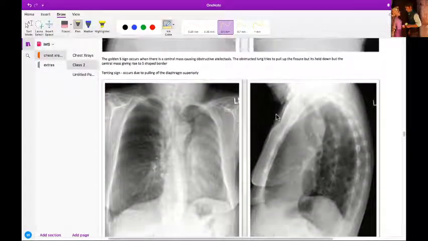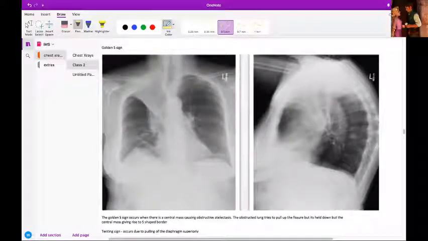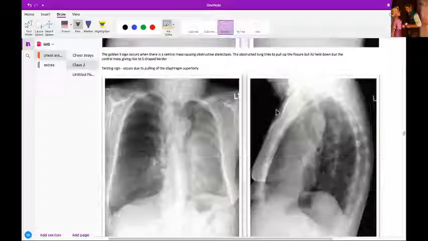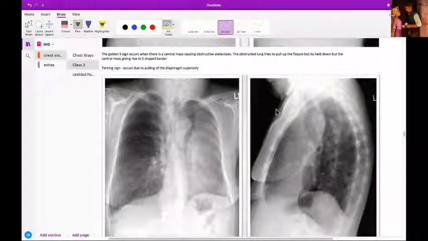The tenting sign is not very visible on the lateral view. I told you in the beginning that sometimes in atelectasis there is compensatory hyperinflation of the remaining part of the lungs.